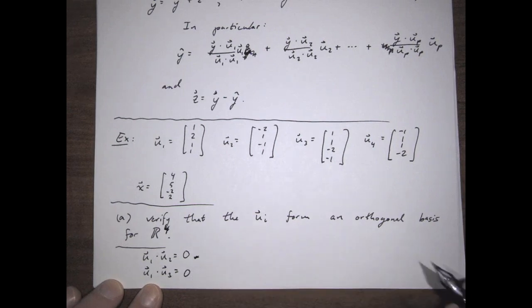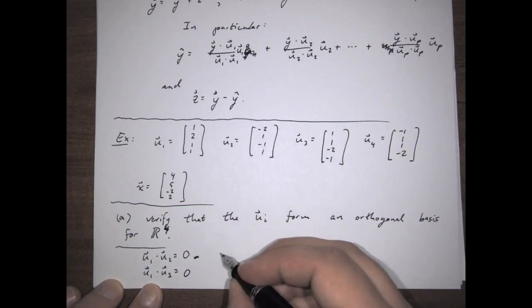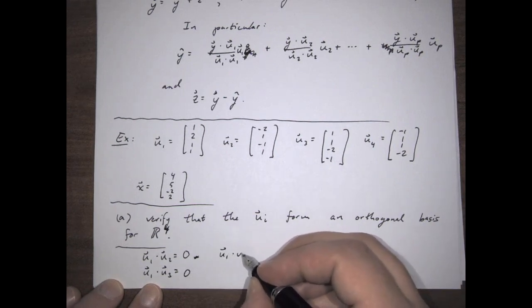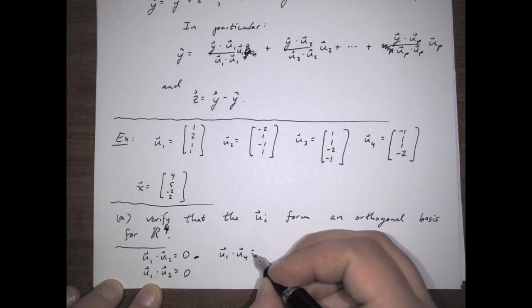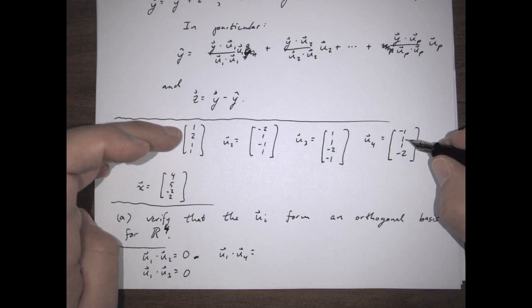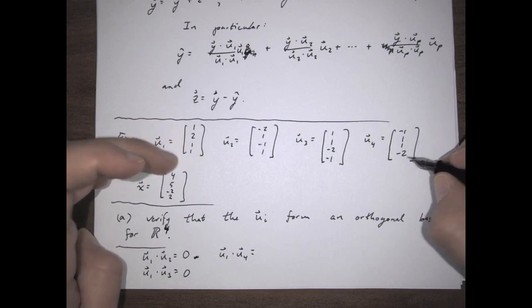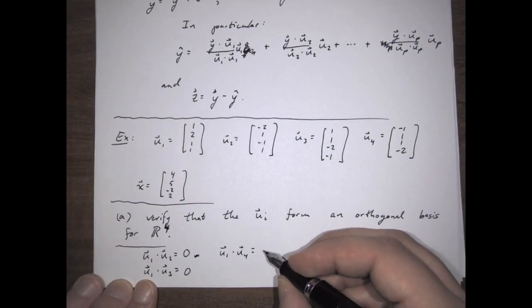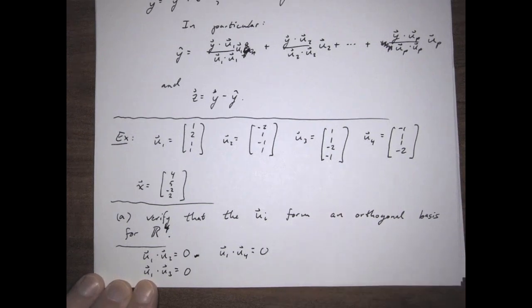All cancels out, equals 0. u1 dot u4 is equal to -1 plus 2 plus 1 minus 2. All cancel out, and that gives us 0.